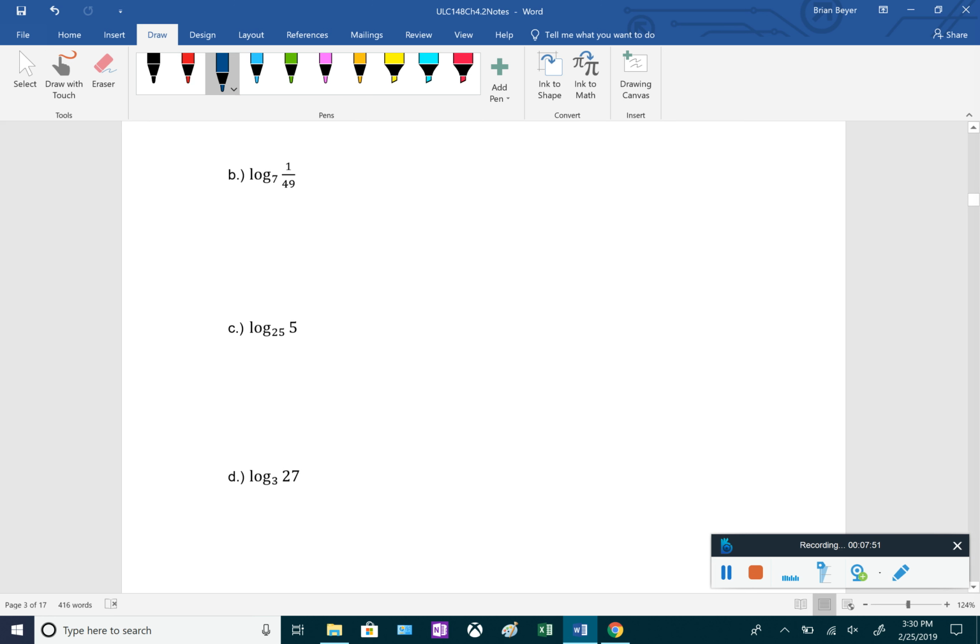So let's do the same thing for the next one. Log base 7 of 1 over 49. Let's set that equal to x, and we're going to be solving for x. So this is going to be base 7 to the other side, which is x, equals 1 over 49. We have to think, what does x have to be here in order for this to be true?